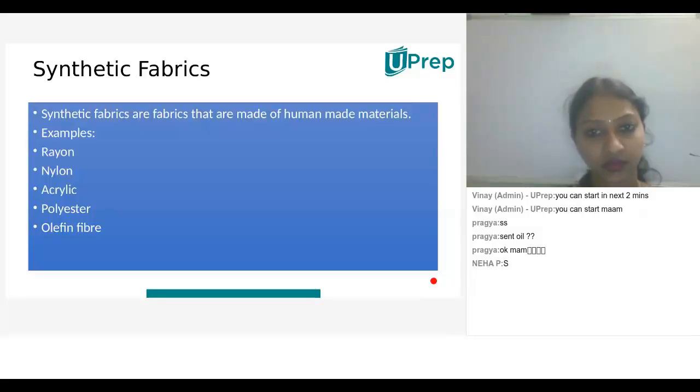Ma'am, when we burn it, will the plastic smell come? Yeah, when we burn synthetic fibers, it smells like burning plastic. It is very difficult to inhale the fumes obtained from synthetic fiber. Understood or not? Yes, ma'am.